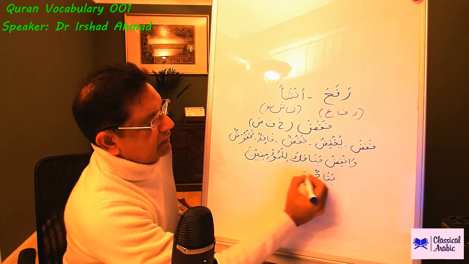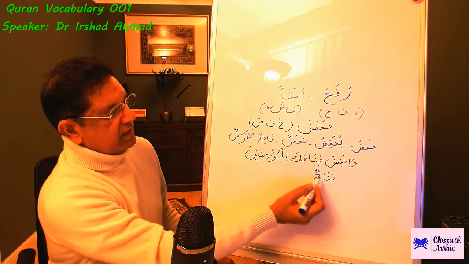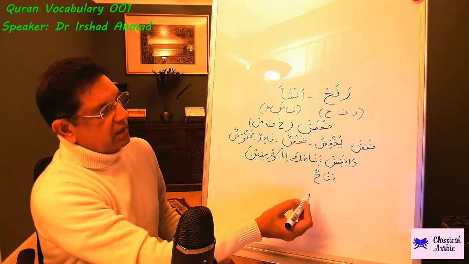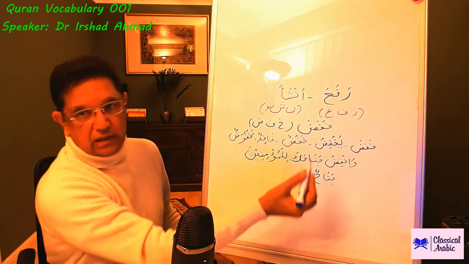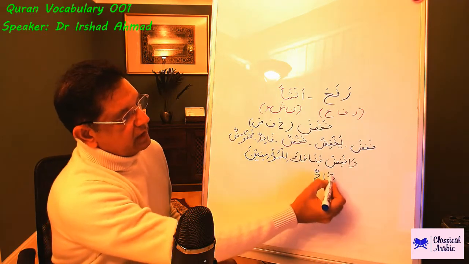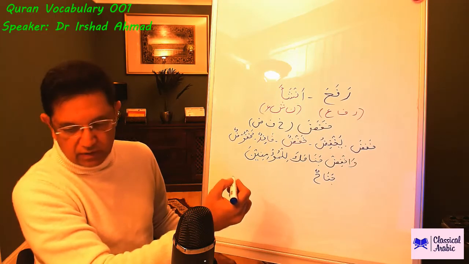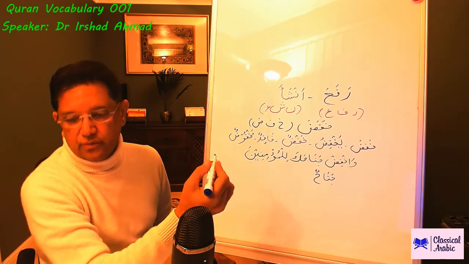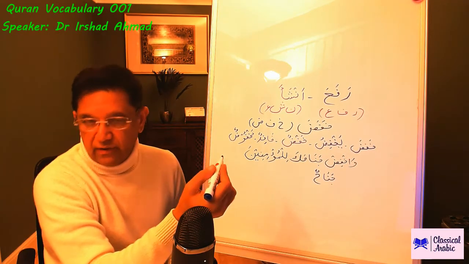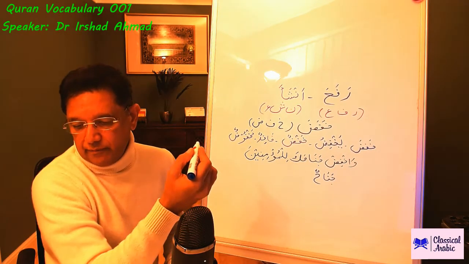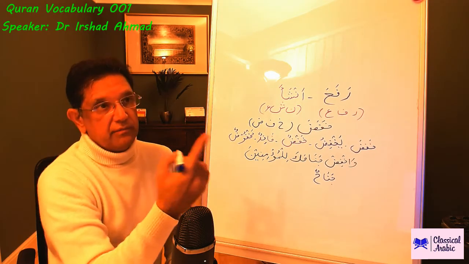Janahun will be, and because this is janahaka mudaf mudaf alayh, so it's going to lose its tanween here, and it is used mudaf in nasab here, and that's because of the fail. So janahun, and the plural is ajnihatun, which basically means wing, as in organ of flight, part of an army, part of a building as well.